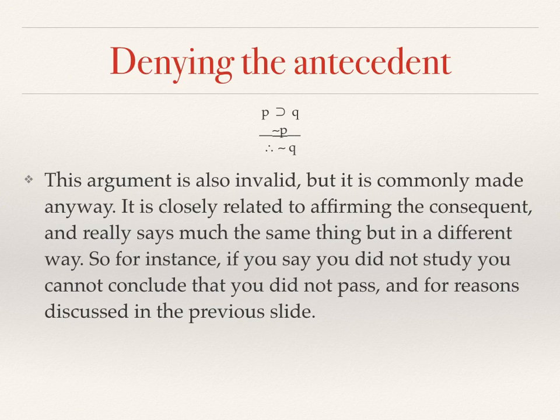This is the denying the antecedent. This argument is also invalid, but it is commonly made anyway. It is closely related to affirming the consequent and really says much the same thing, but in a different way. So for instance, if you say you did not study, you cannot conclude that you did not pass. And for reasons discussed in the previous slide, the test could have been very easy, etc.